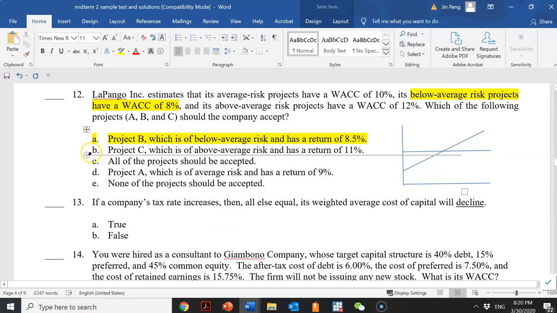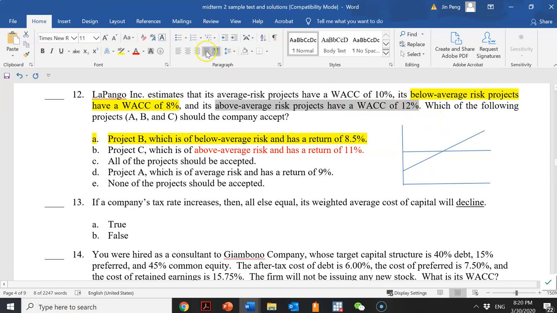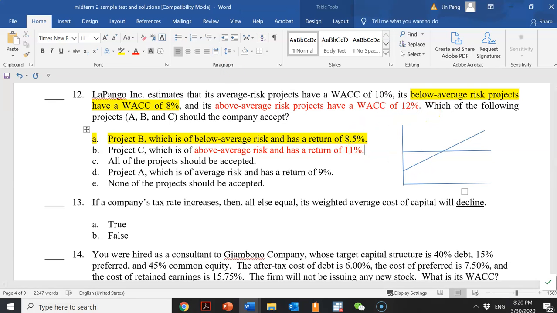Option B says project C, which is of above average risk, has a return of 11%. Let me mark it in red. Above average risk projects have a WACC of 12%, so here the return is lower than 12%. Should we accept it? No, we should reject it because the return is below 12%.